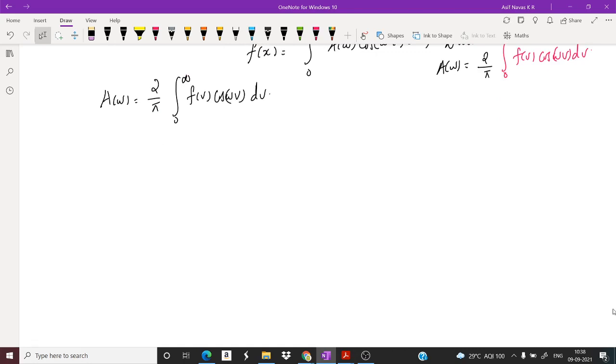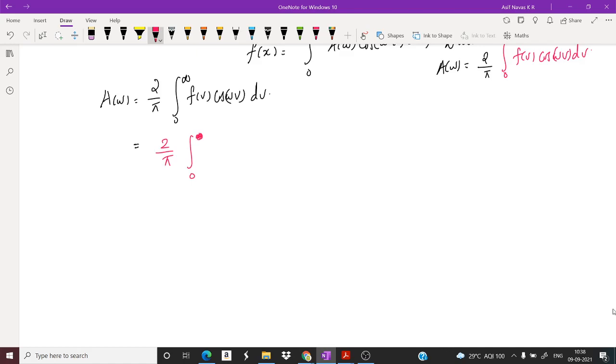cos omega v dv. So this is equal to 2 by pi integral 0 to infinity. Okay.